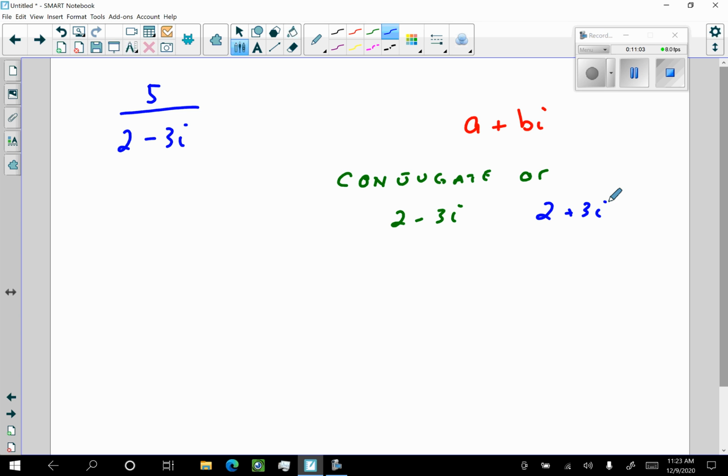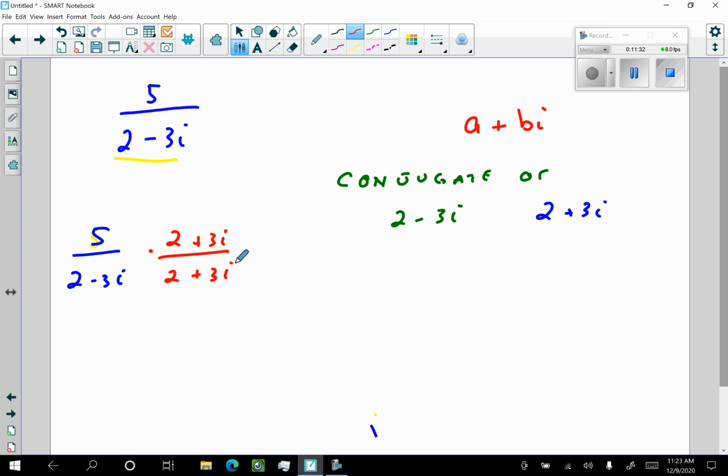So what I'm going to do is multiply top and bottom of this guy by the conjugate of the bottom. So here's what I mean to do. I have 5 over 2 minus 3i. And I'm going to multiply that by 1 in the form of 2 plus 3i over 2 plus 3i.